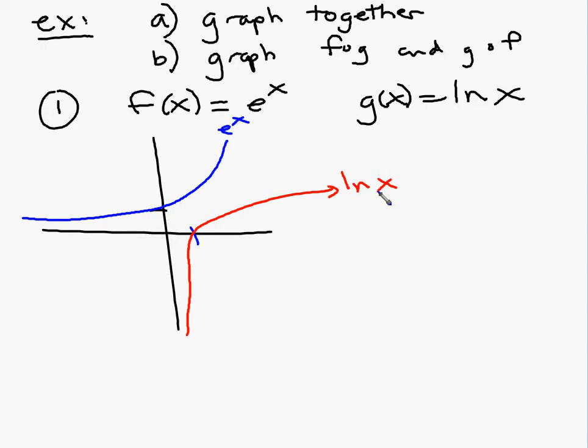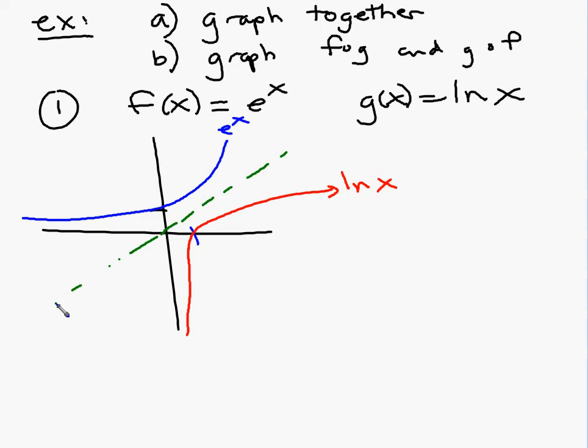Now, obviously, we already talked about these. These both have an inverse, don't they? And they both appear to be reflected across the line y equals x. They are. If we were to draw those correctly, they would be reflected across that line.